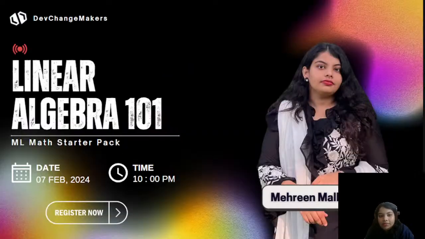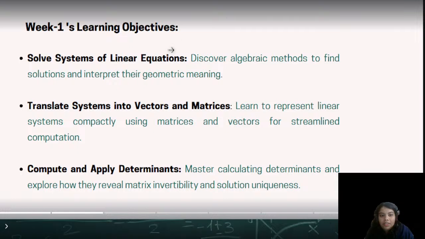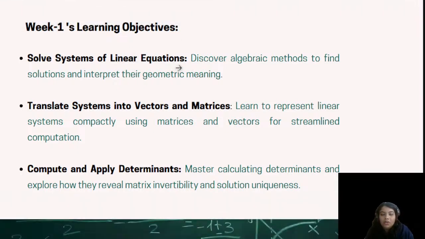For week 1's learning objective, we will solve systems of linear equations because it will help us to know the algebraic methods to find solutions and interpret their geometrical meaning, translate the systems into vectors and matrices, and compute and apply determinants. As I said, we will try to finish all of that.